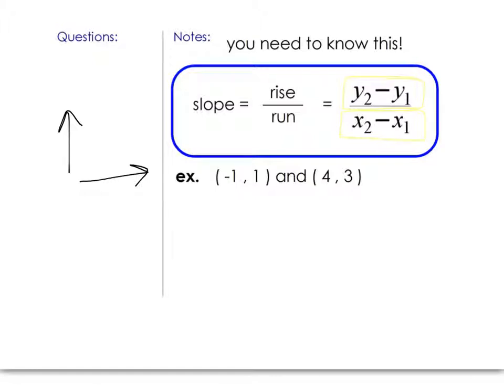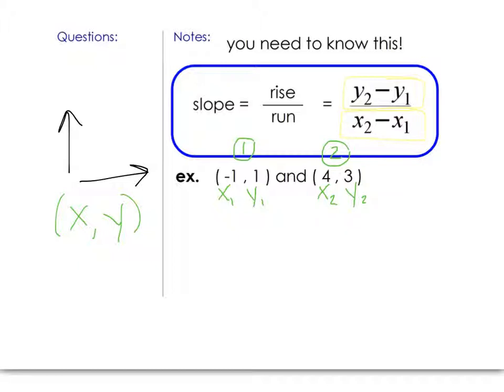So if we have 2 points, like our example below, this is point 1 and this is point 2. So if my ordered pairs are x comma y, for point 1, this is x1 and this is y1. For my second point, this is x2 because it's the x in my second point, and this is y2.